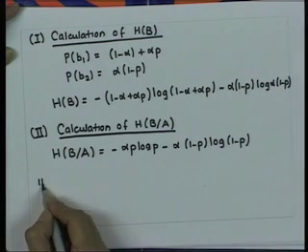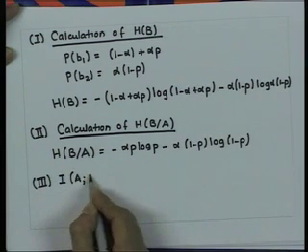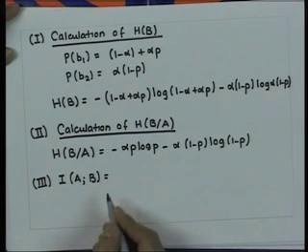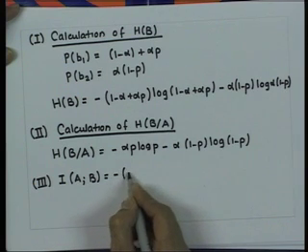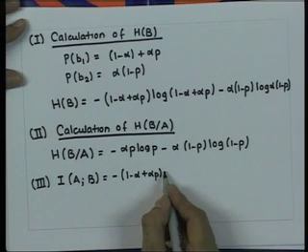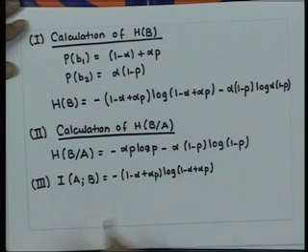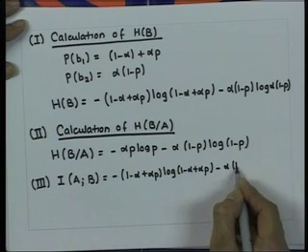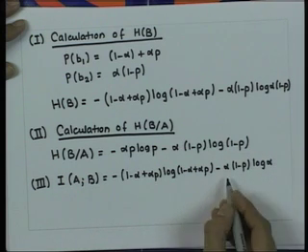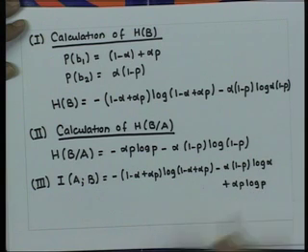Therefore, we get the mutual information I(A;B) = -(1 - alpha + alpha p) log(1 - alpha + alpha p) - alpha(1-p) log alpha + alpha p log p.